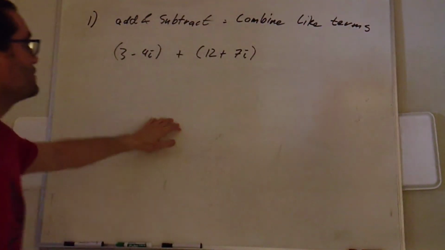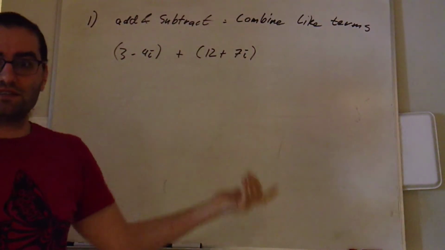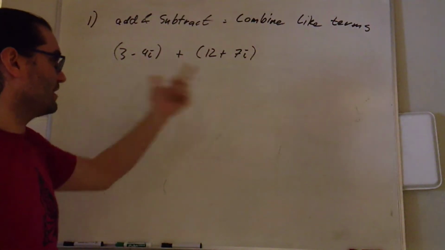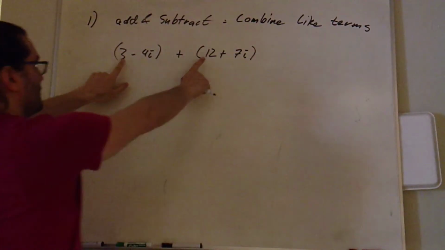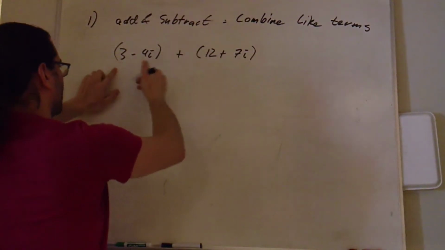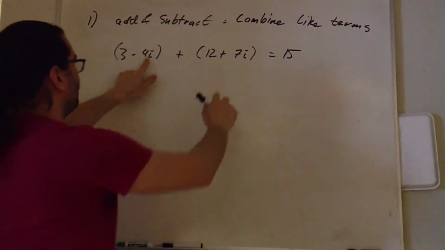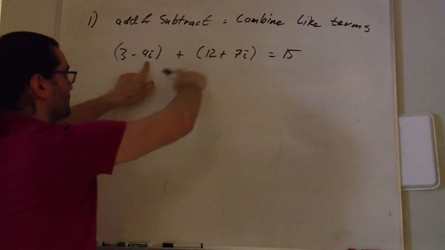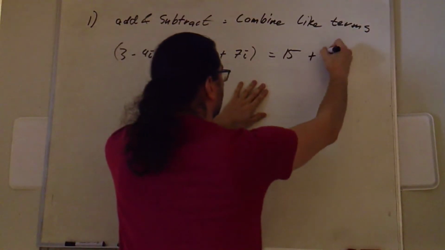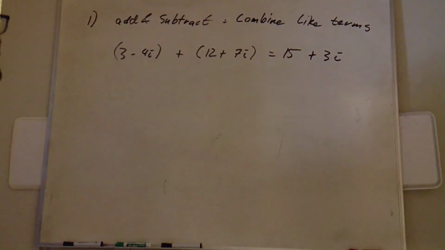For most of this, we can basically pretend that your i's are just x's, and this works exactly like polynomial addition and subtraction. So the 3 and the 12 are like terms. If I'm adding those, I'll get 15. The negative 4i and the 7i are like terms. So if you add those, you get 3i. And you're done. That's all there is to it.